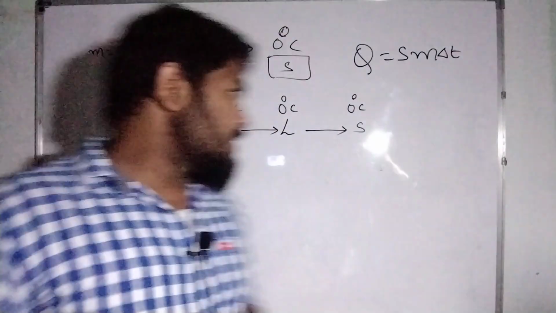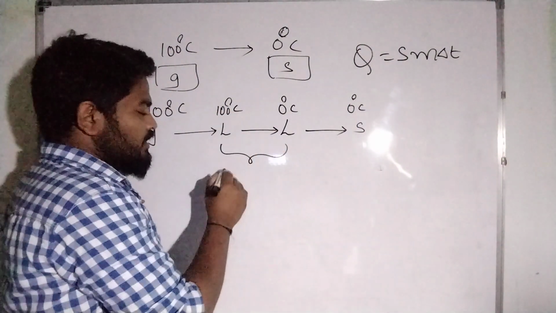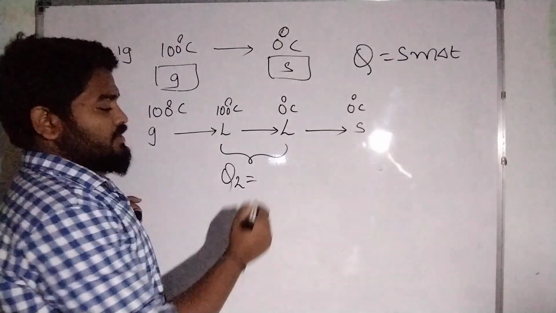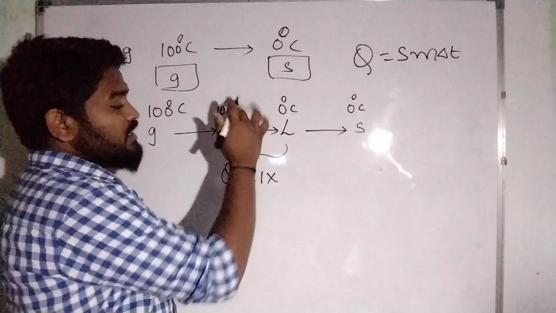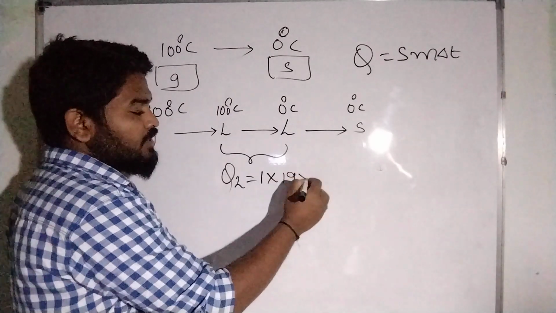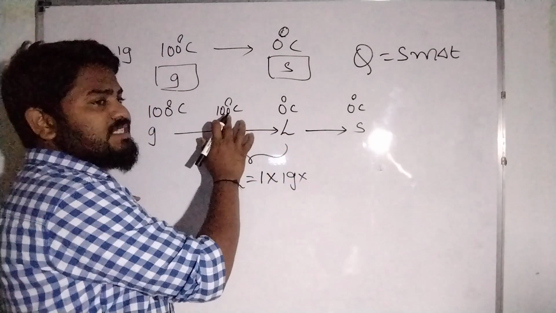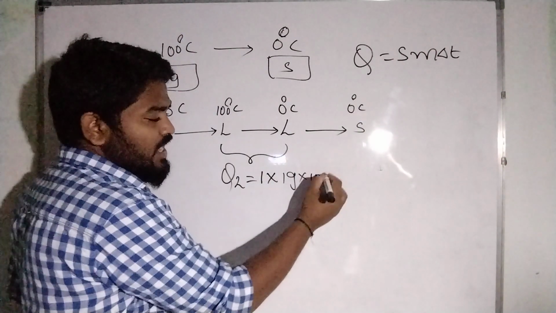Let me first find out the heat energy released in the second stage. It equals the specific heat of water, 1, times the mass of the water, 1 gram, times the change in temperature. The temperature changes from 100 degrees Celsius to 0, so the change in temperature is 100.